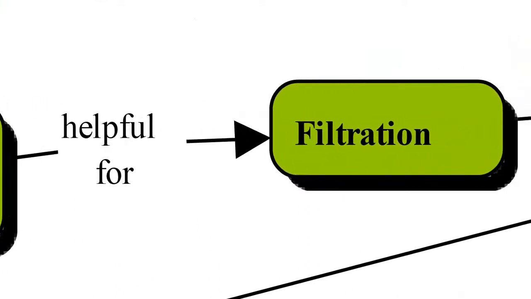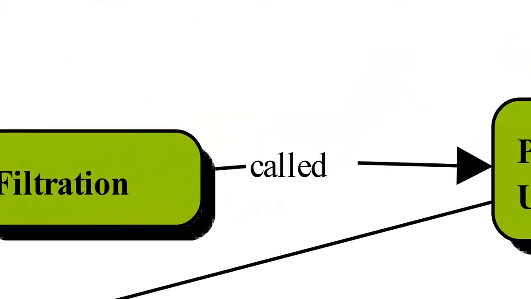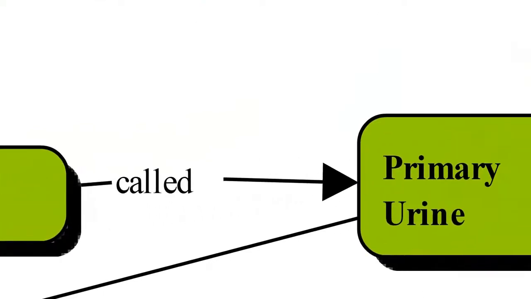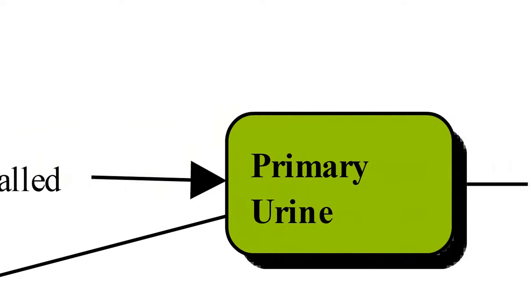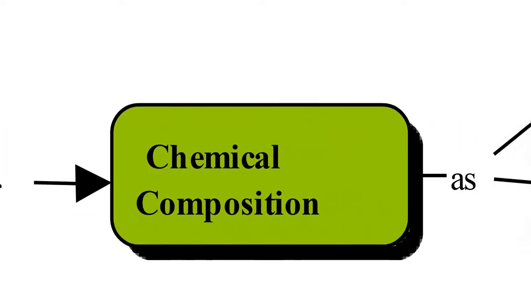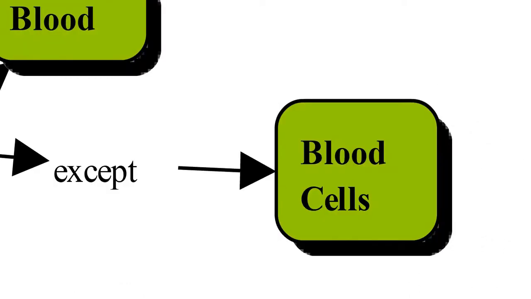As the filtration is happening at the glomerulus region, this is called glomerular filtration, and this glomerular filtration creates the primary urine that enters into the Bowman's capsule. Actually, this primary urine is similar to the blood, with the absence of certain blood cells as well as the bigger proteins.